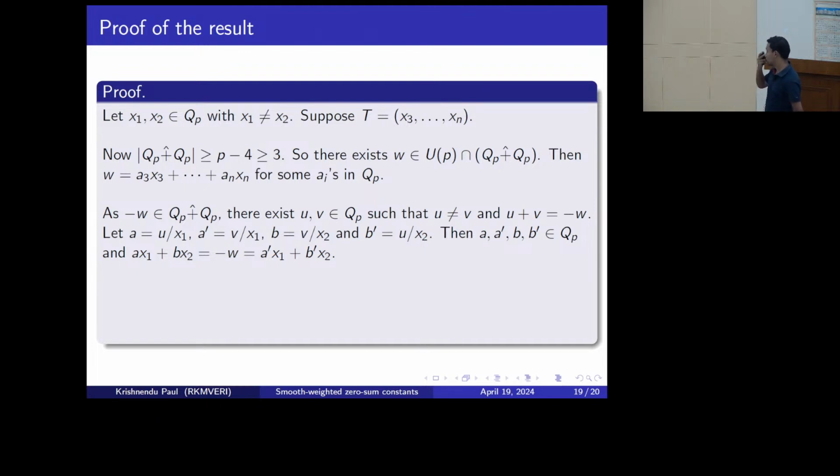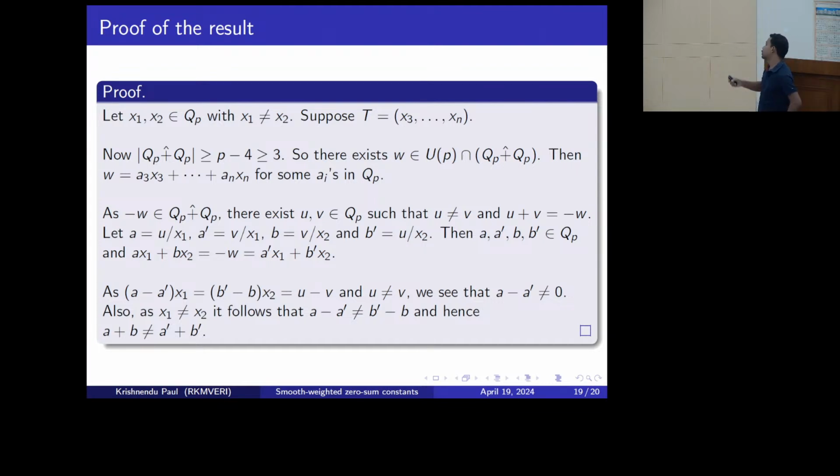That means there exist u not equal to v such that u plus v equals minus W. Now we are taking some weights a equals u by x1, a prime equals v by x1, and similarly b and b prime. Now a, a prime, b and b prime all belong to QP, as x1, x2 are in QP and u, v are in QP. Now a x1 plus b x2 equals minus W. Also a prime x1 plus b prime x2 equals minus W.